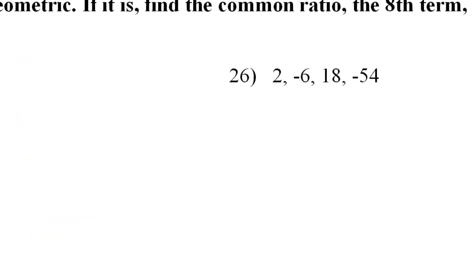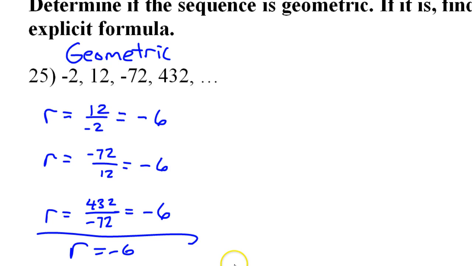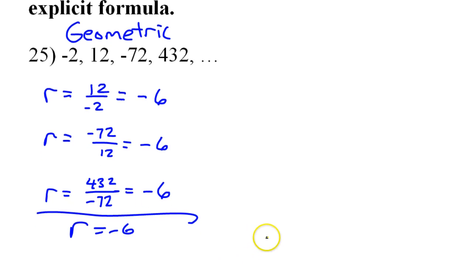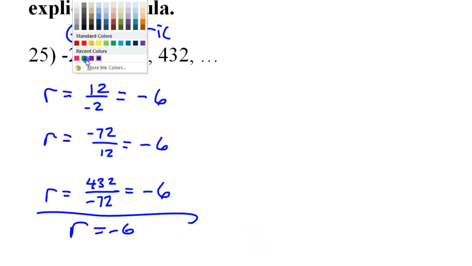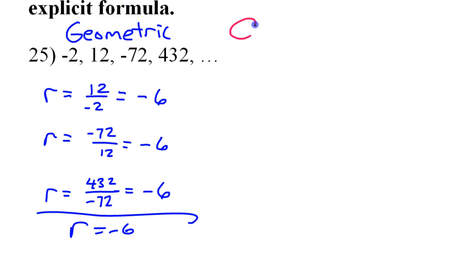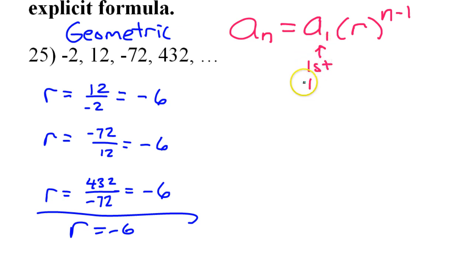Find the 8th term and the explicit formula. Well, let's find the explicit formula first. Now, here's the model for the explicit formula. All right, any term, an, is going to equal a1 times r to the n minus 1 power, where the a1, this is the first term. And the r is the common ratio.